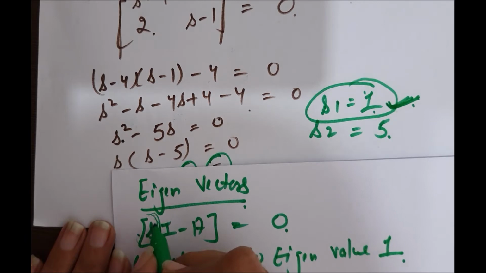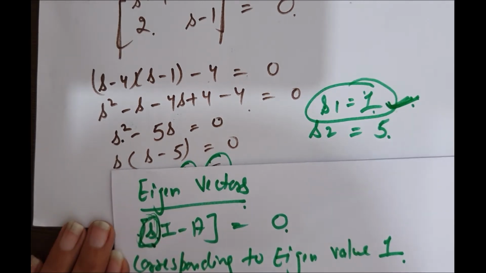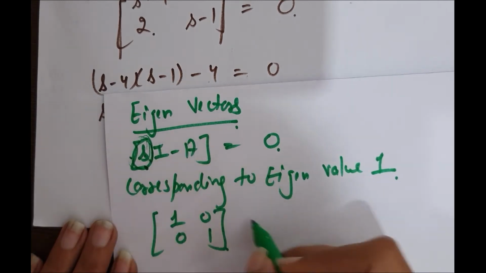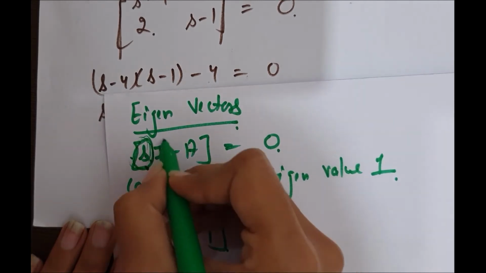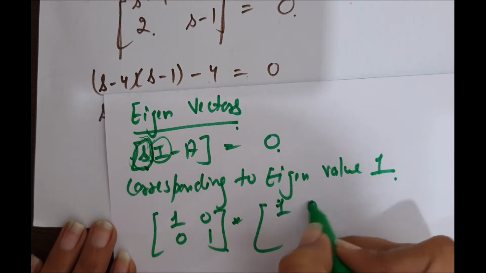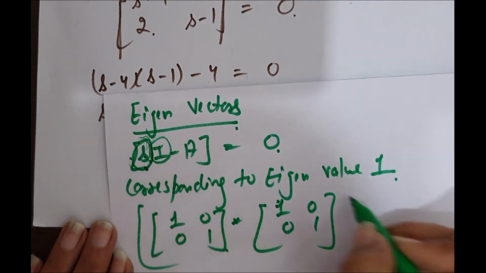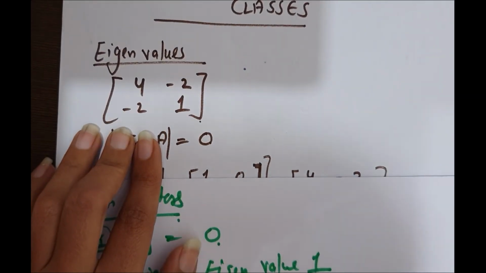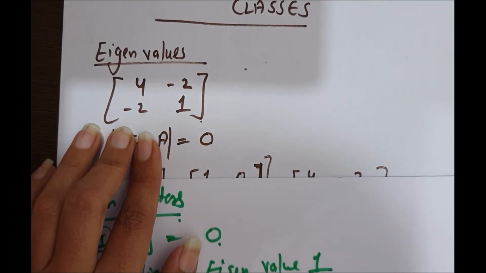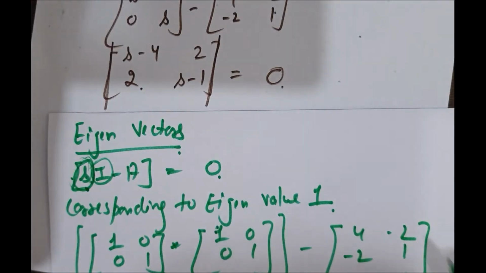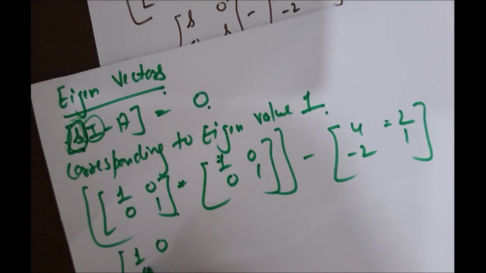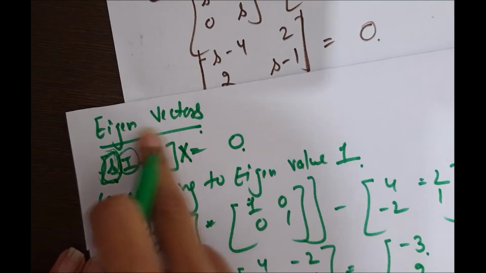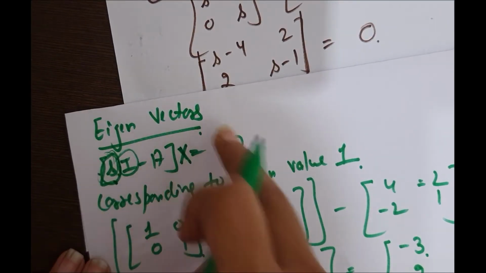For this, s is 1, so we will write it as 1 0 0 1, the identity matrix, that is also 1 0 0 1, minus the matrix. Now we got 1 0 0 1 minus this. This is the characteristic equation for eigenvectors.